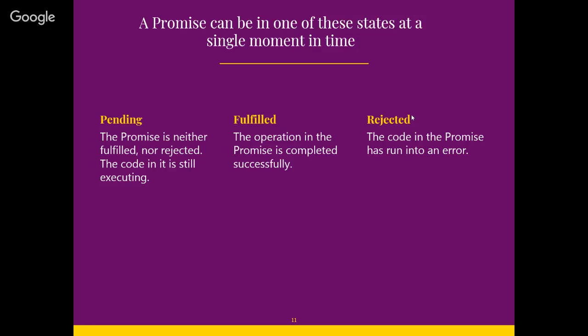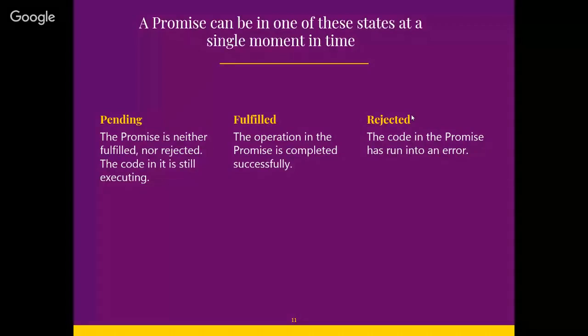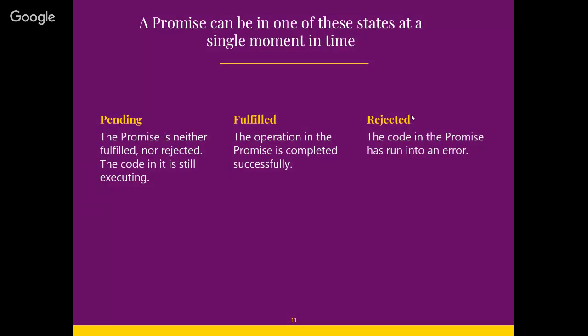So when a promise is rejected, the executing code in the promise, when it is pending, has run into some kind of error. So in our example, if we're sending off a network request to a remote server, we might be requesting data that is not on that server, or our internet connectivity might be slow and it takes too much time, or the server might be down.